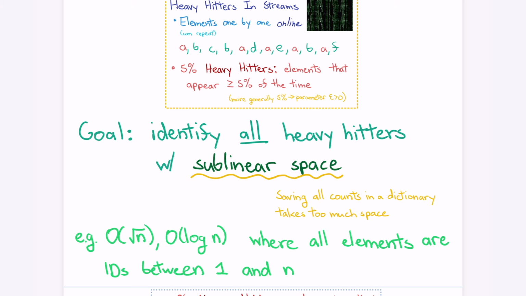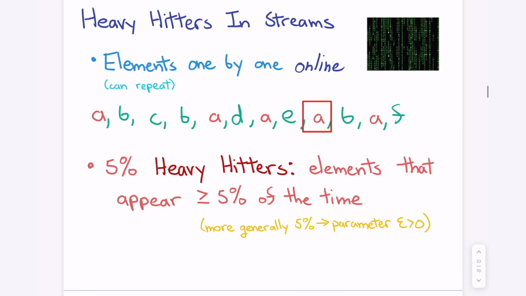So if it was like 5%, it's any element that appears at least 5% of the time. But in general, that's going to be some parameter epsilon. Yeah, that'll be like IDs.